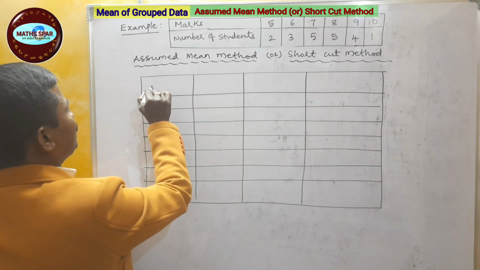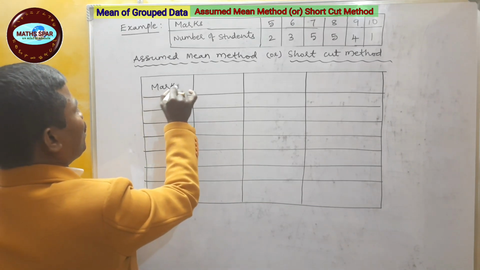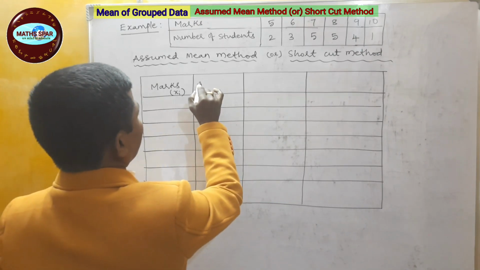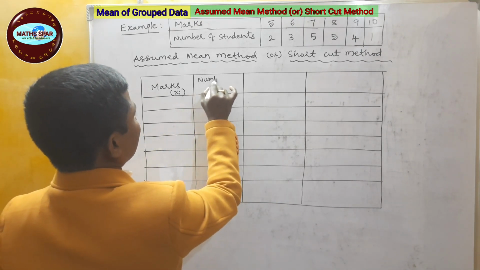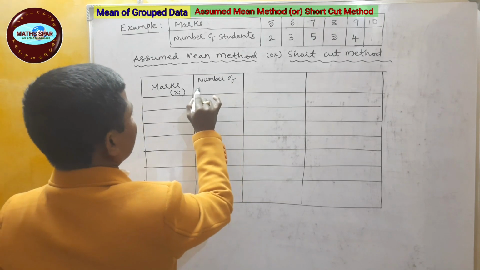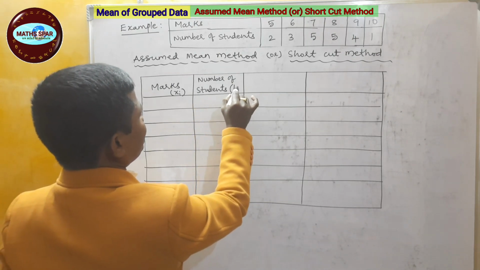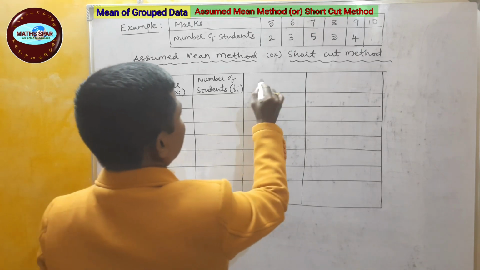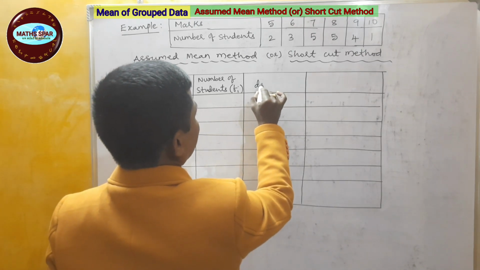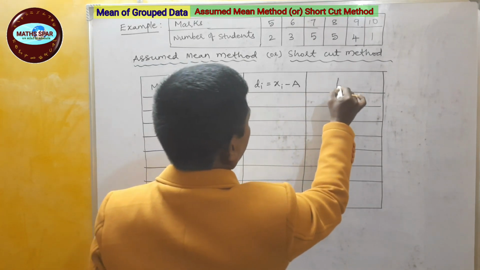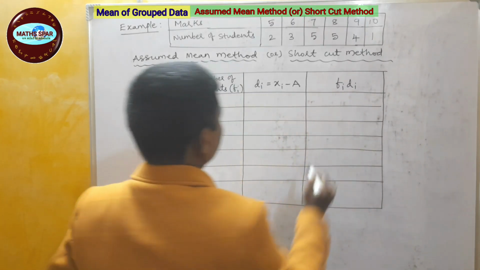First, let us write marks, and this is xi, then number of students, that is fi, then di, which is nothing but xi minus a, then fi di.